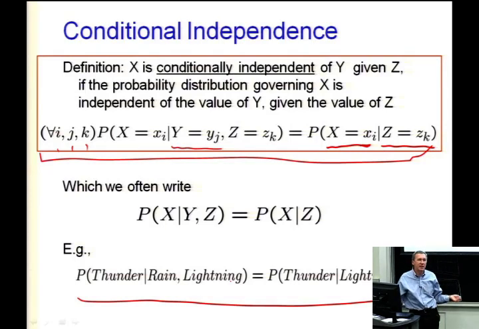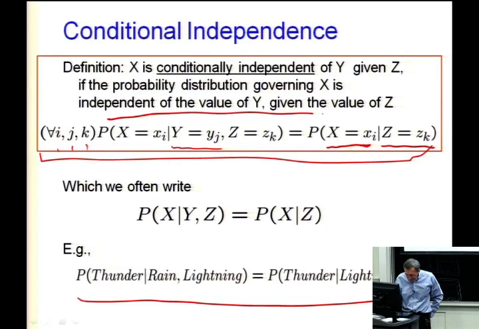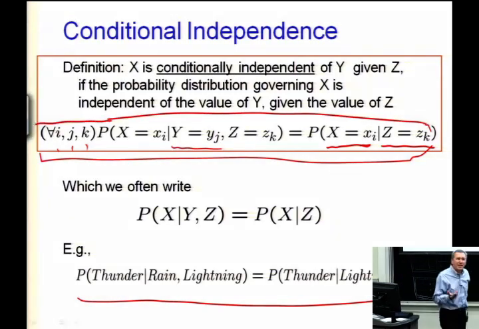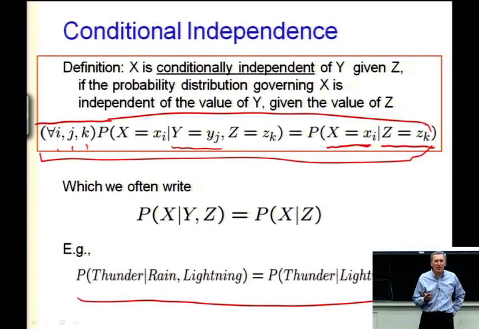So there's an example of a conditional independence assertion that makes sense because of our knowledge of causality in physics. But in general, conditional independence between random variables is simply this assumption. And this is something we're going to use throughout the course.